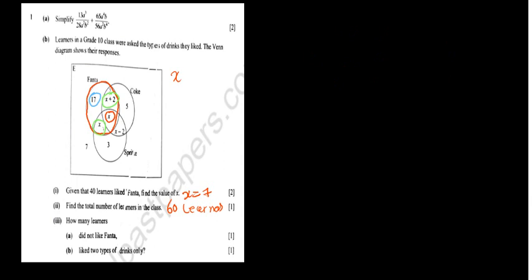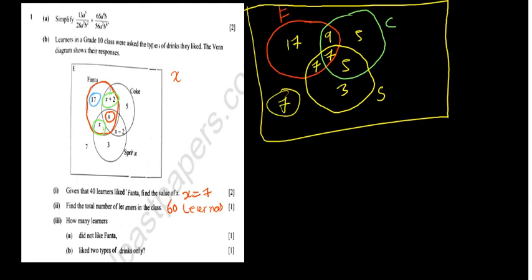Then the third part is asking how many learners did not like Fanta. So let me try to use this same Venn diagram again. So we have 60 learners there.